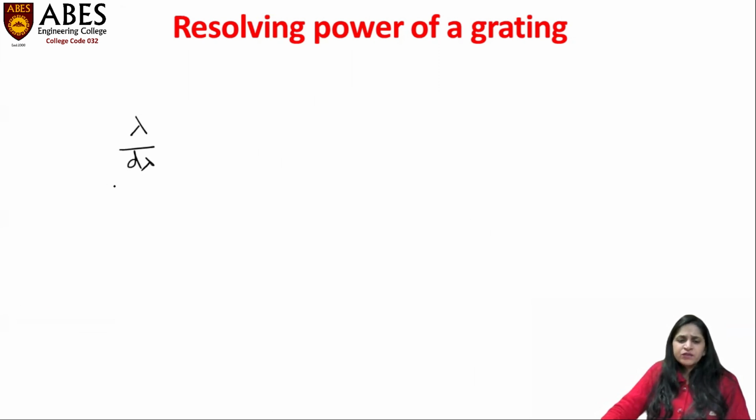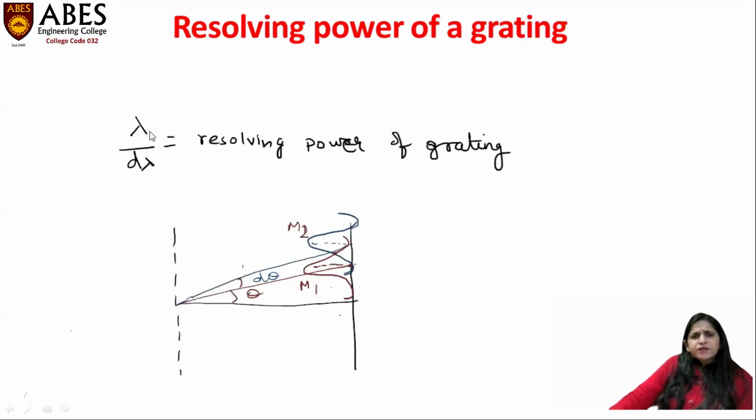If we are able to calculate lambda upon d lambda, then easily we can calculate the resolving power of the grating, or we can check whether the two spectral lines are resolved or not. So resolving power is given by lambda upon d lambda. This is the resolving power of a grating.